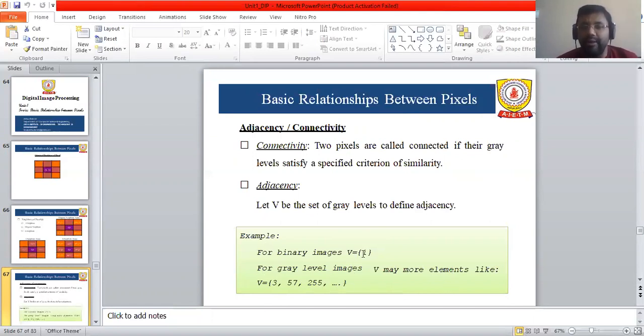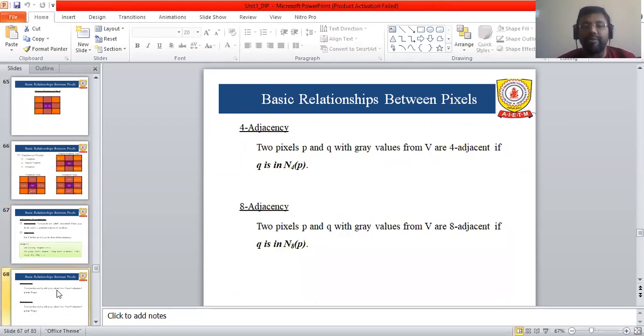In binary the array value is either 0 or 1, but in gray level the range is from 0 to 255, so any value is possible in the array. So the array matrix of a binary image is a binary array, and the gray level image matrix is a numeric array because it ranges from 0 to 255.